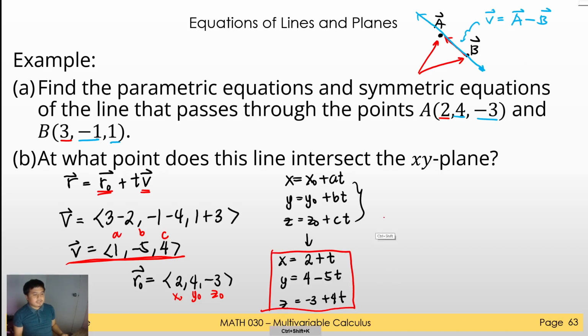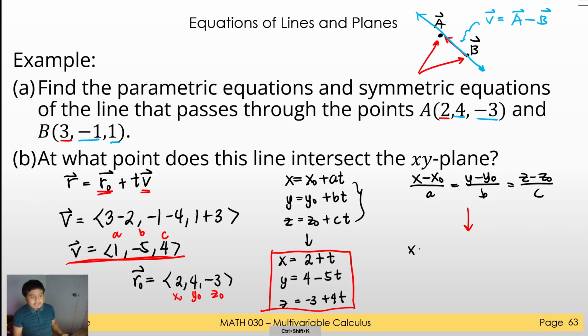It's that easy. And then for the symmetric equations, if you remember, we have (x minus x sub 0) over a is equal to (y minus y sub 0) over b is equal to (z minus z sub 0) over c. So we will just write this down again.